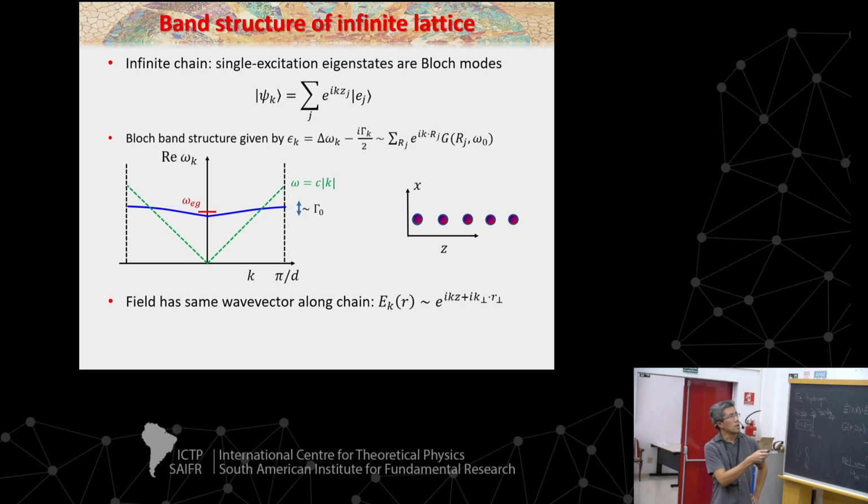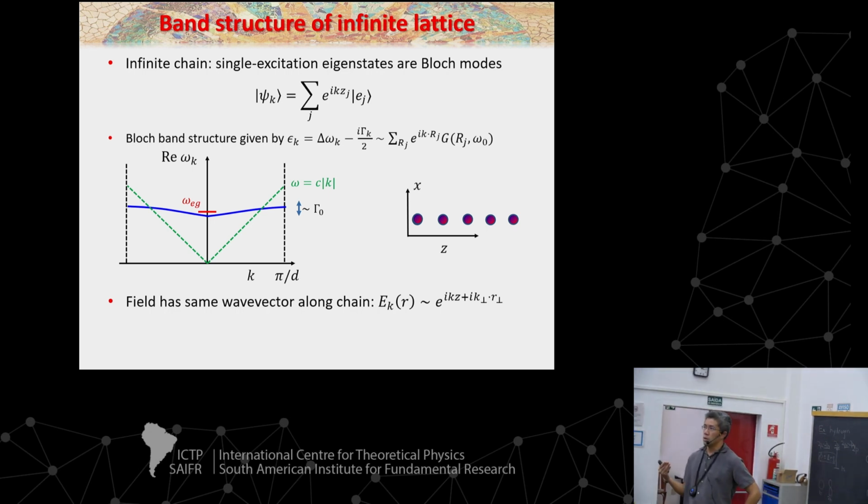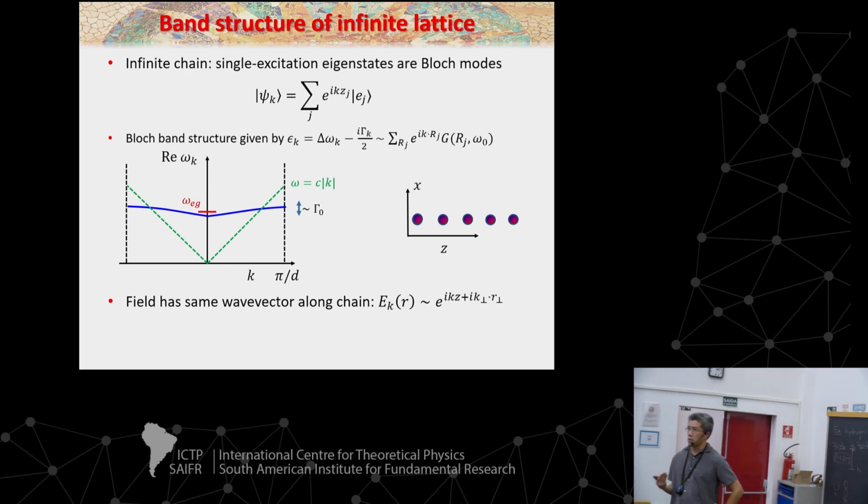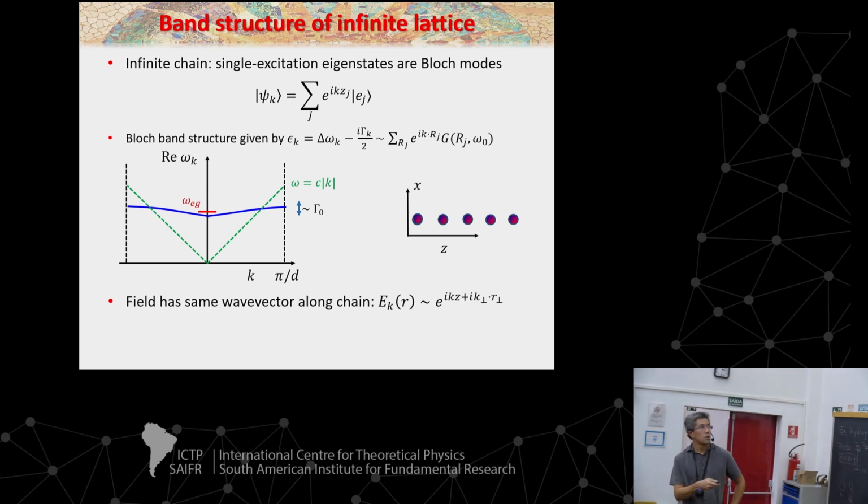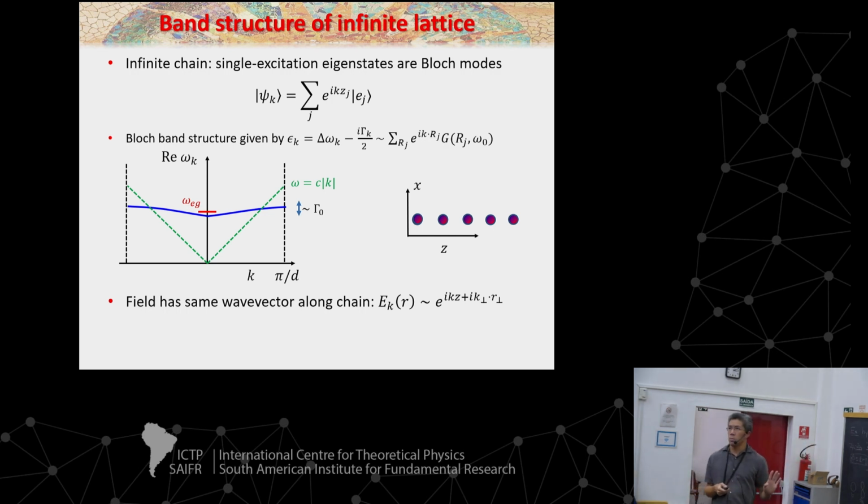In particular, I'm using the spin model to calculate the eigenstates of just the atoms. But in principle, if I reconstruct the fields, I know that the field also has to obey Bloch's theorem. So if I choose a particular eigenstate with a Bloch wave vector of k, then when I calculate the electric field produced by that set of atoms, along the direction of the chain, it should also have a wave vector dependence given by the same e to the ikz.